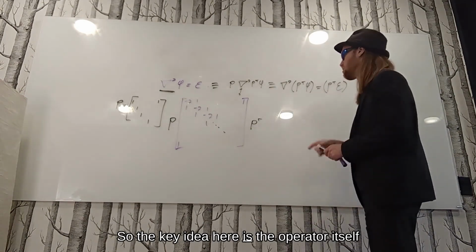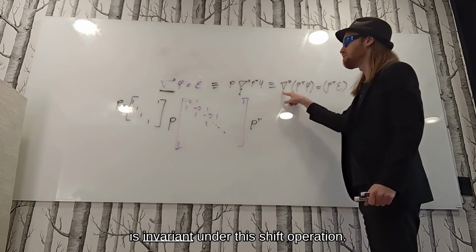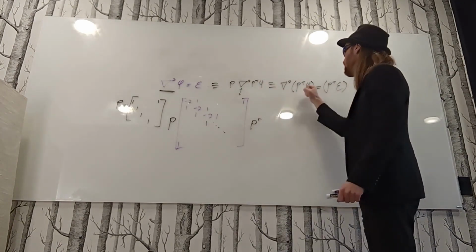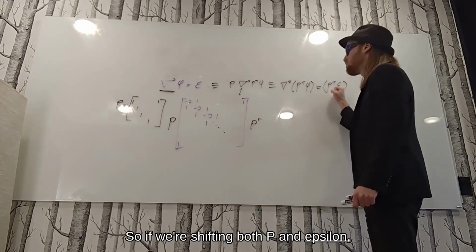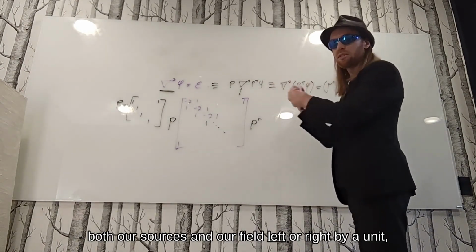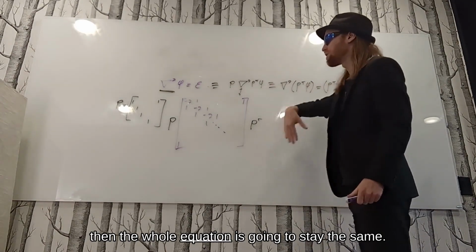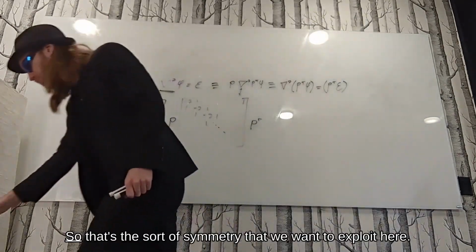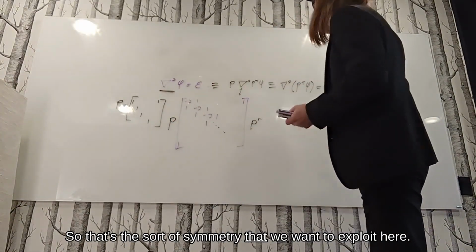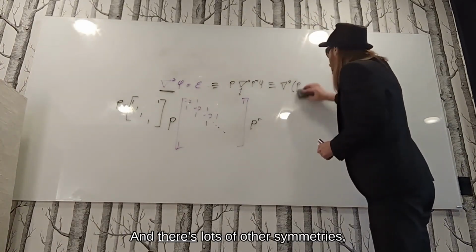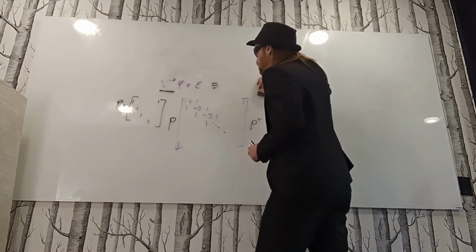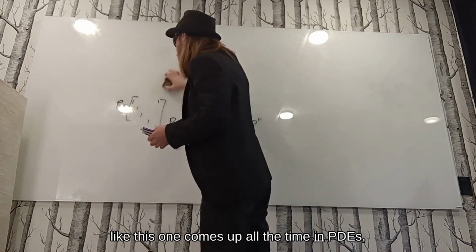So the key idea here is the operator itself is invariant under this shift operation. If we're shifting both phi and epsilon, both our sources and our field, left or right by a unit, then the whole equation is going to stay the same. So that's the sort of symmetry that we want to exploit here. And there's lots of other symmetry; this one comes up all the time in PDEs.